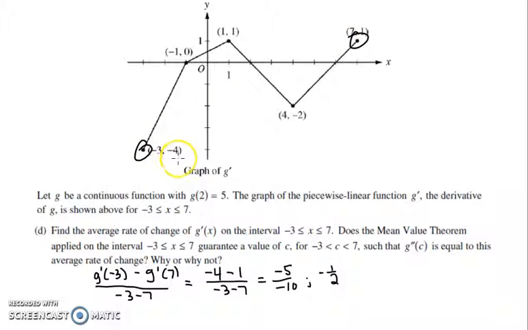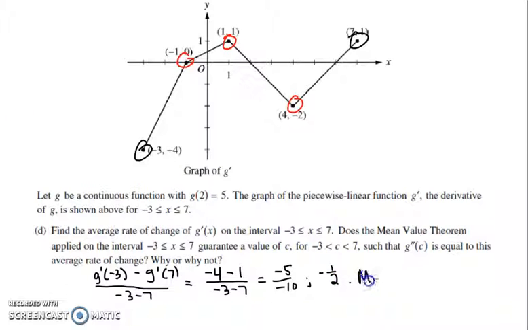And the answer there is no, because if we look, here, here, and here, we have corners, or we could call them cusps and still be all right. We have corners or cusps, which means we're not differentiable. So the two conditions for the mean value theorem to work are not met. So this is not going to be guaranteed.